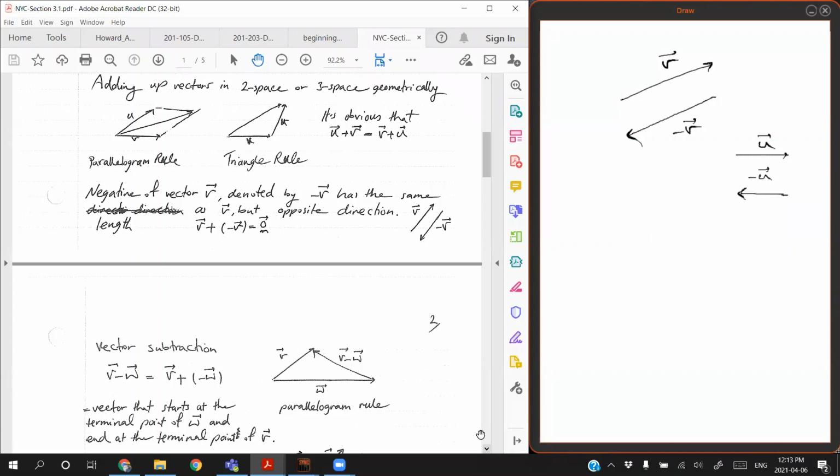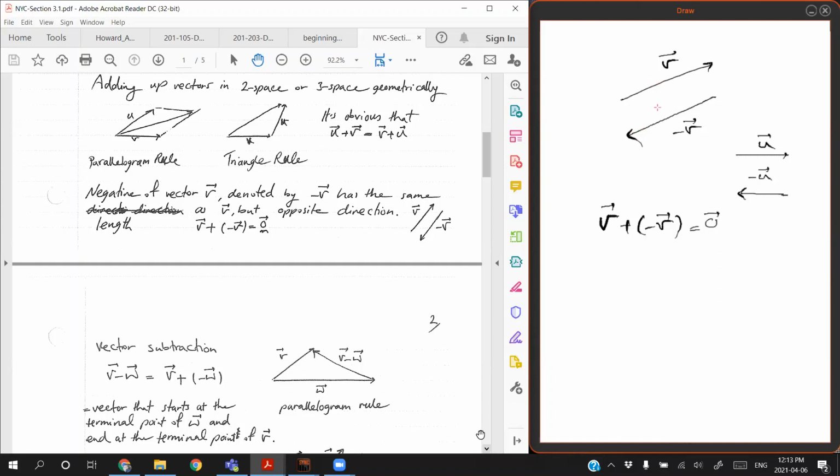And notice that if I use those geometric methods, parallelogram rule or triangle rule, then I can see that, for example, vector v plus the negative vector v is going to give me the zero vector. Because if you use the tip to tail method, for example, for these two, I'm going to start here for v1.